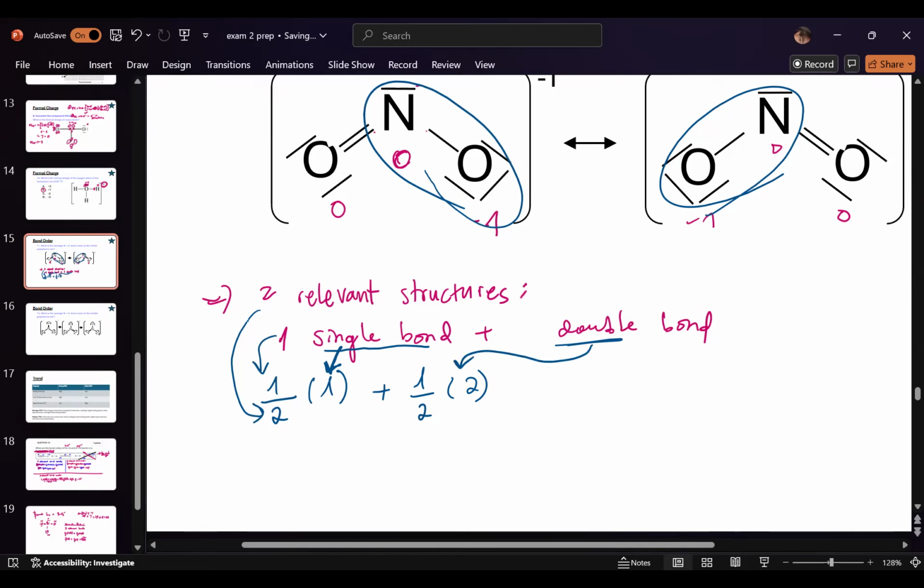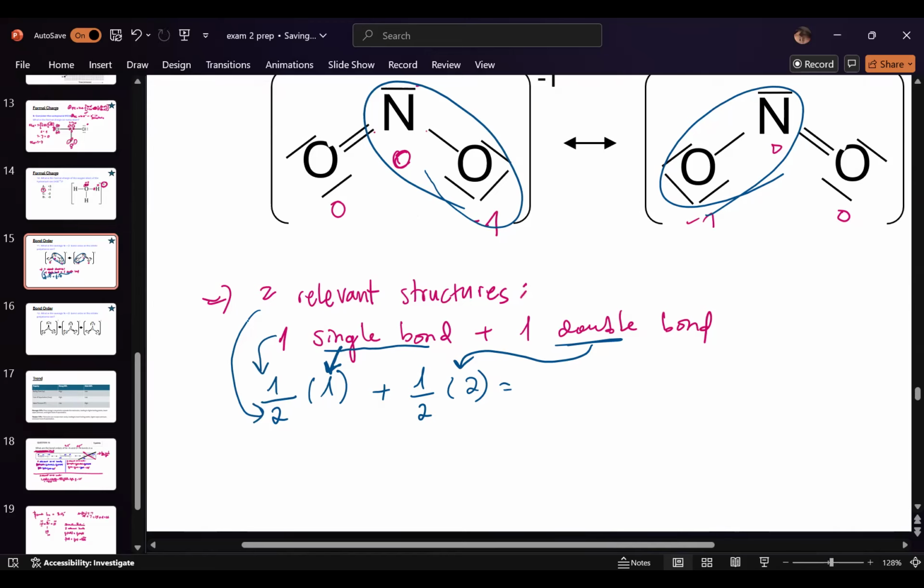Now let's say you had like 3 double bonds, whatever. I doubt you will have that many, but if you had 3 double bonds, you will change this one and you will put 3 here. Just in case you were wondering.